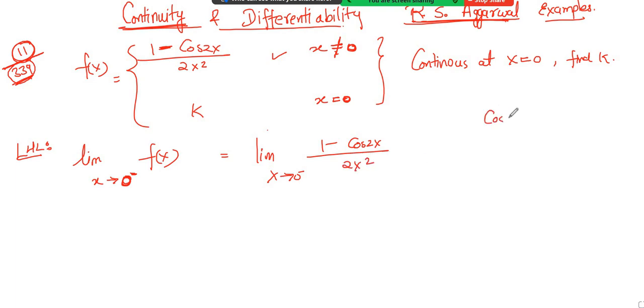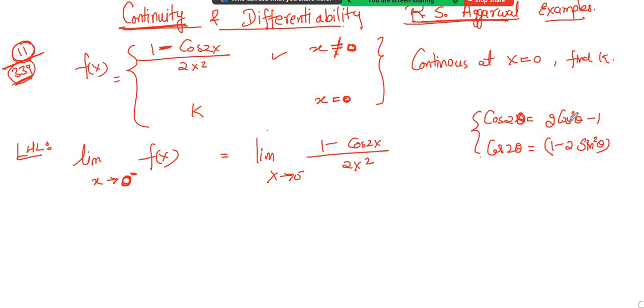And if you remember, what is the formula? Cos 2 theta, we have two formulas, correct? Cos square theta minus sine square theta, and similarly there is one more formula, 1 minus 2 sine square theta.